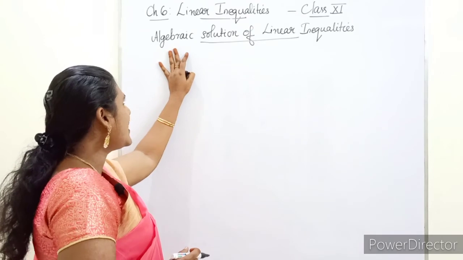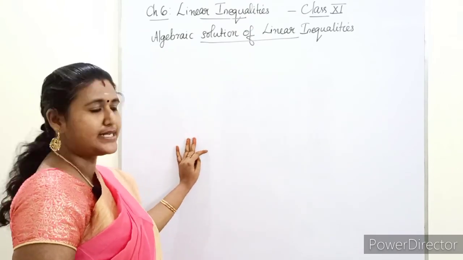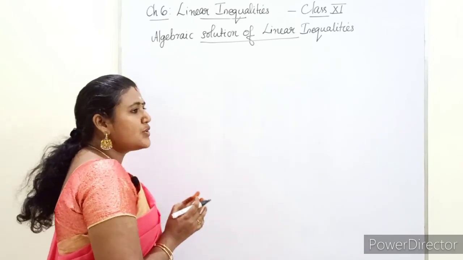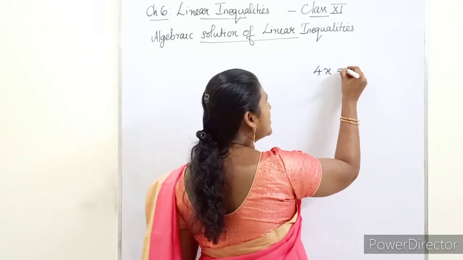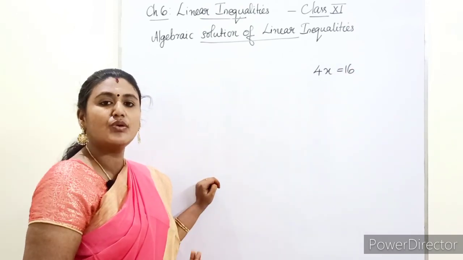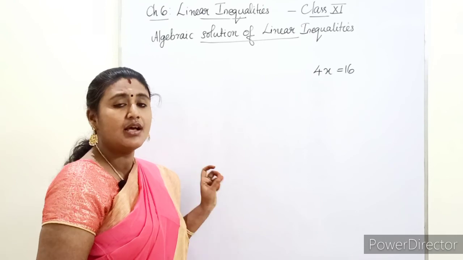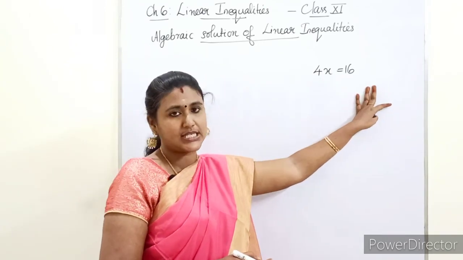So what do we mean by the algebraic solution of a linear inequality? You know what the solution of an equation is. For example, if I write 4x = 16, this is an equation. What do we mean by the solution of this equation? Solutions are values of x which satisfy this equation.